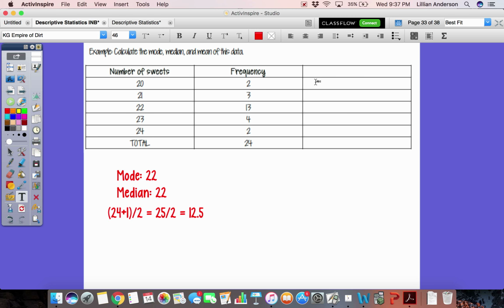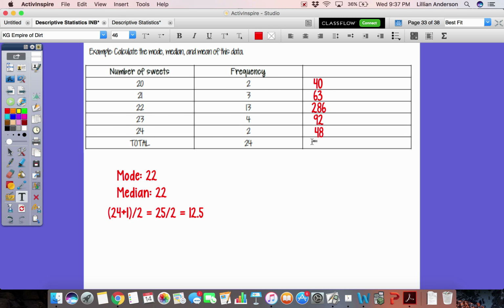So we're literally going to multiply those together. 20 times 2 is 40. 21 times 3 is 63. 22 times 13, and you guys should be doing this too, is 286. 23 times 4 is 92. And then 24 times 2 is 48. So we're going to multiply all those together. Again, we get those just by multiplying straight across. So that's our first step.